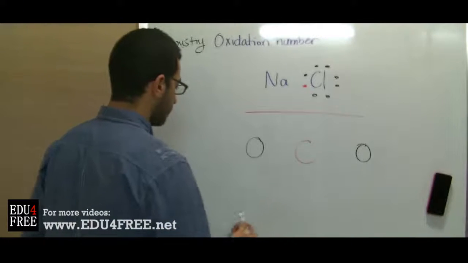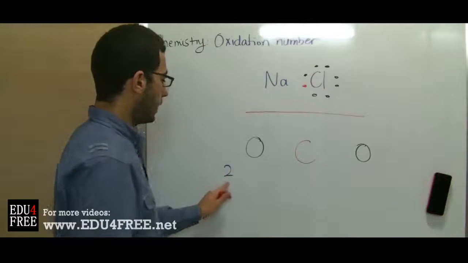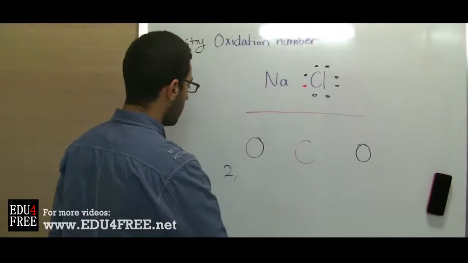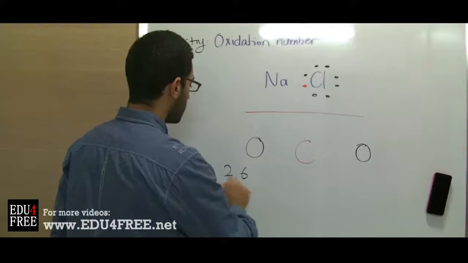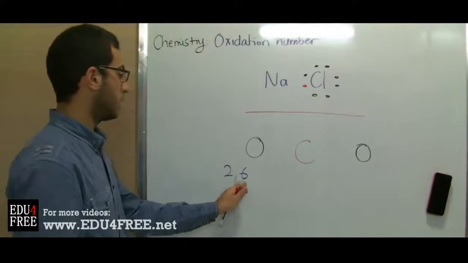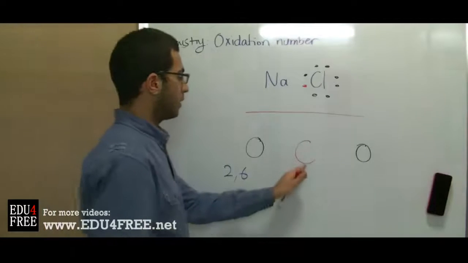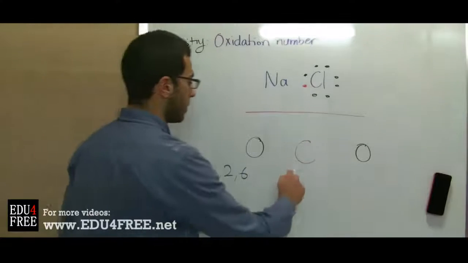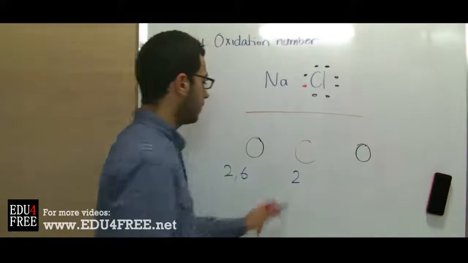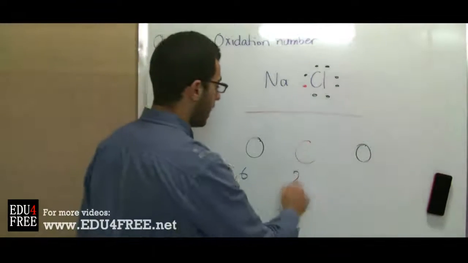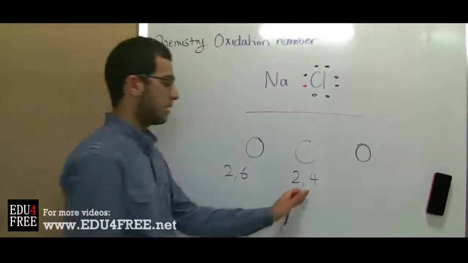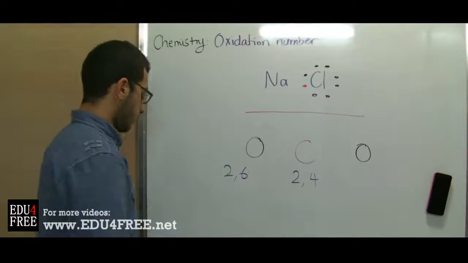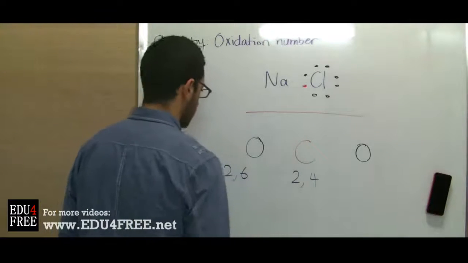So we got 2 electrons in the first energy level and 6 electrons in the second energy level. The electronic configuration of carbon is 6. So we got 2 electrons in the first energy level and 4 in the second energy level. So it looks something like that.